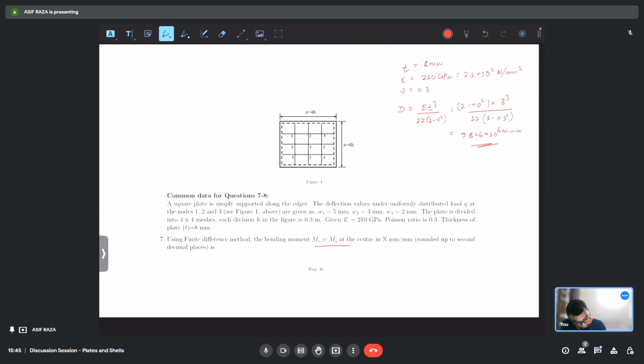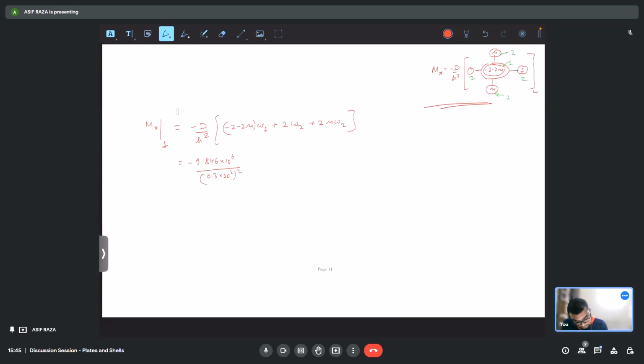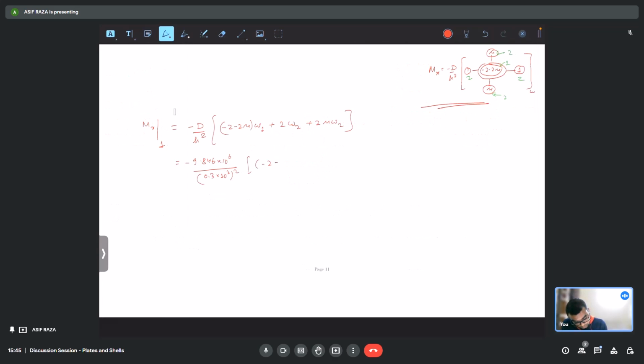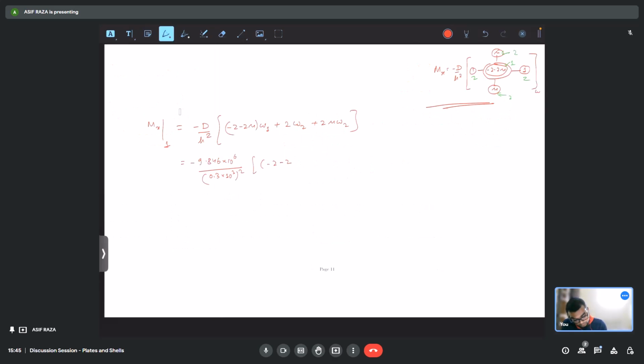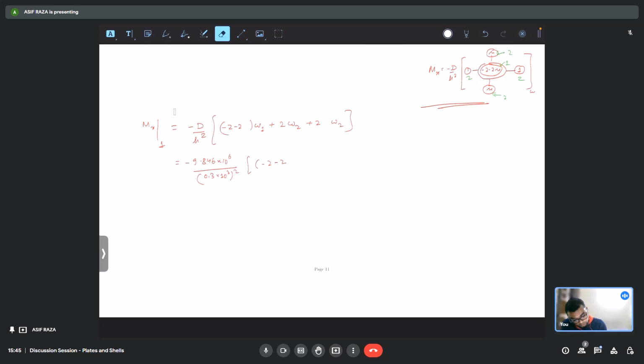And minus 2 mu, where mu is 0.3. w1 is 5, w2 is 3, 2 into 0.3, and w2 is 3.